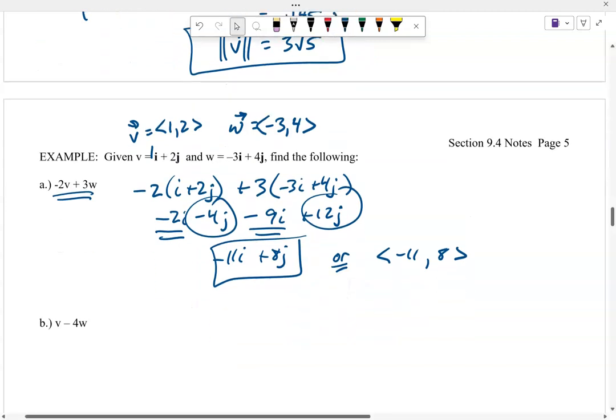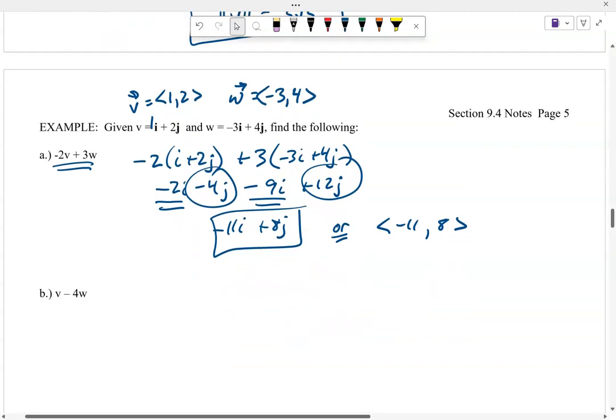Okay. v minus 4w. This is a good time, why don't you guys go ahead and pause it and try this next one. v minus 4w. You have v is i plus 2j minus 4w.